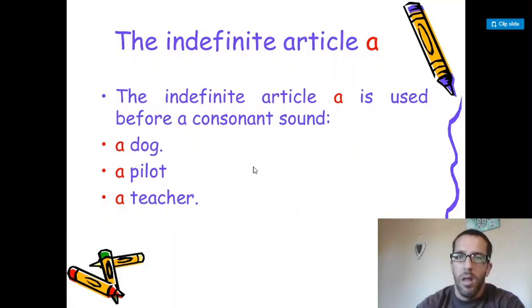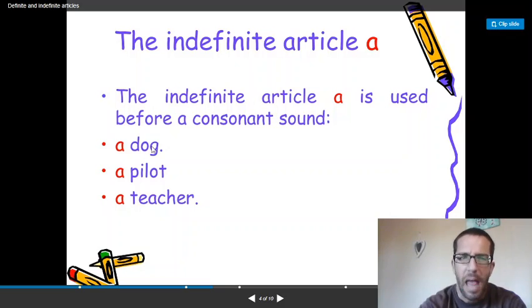Now, when do we use a or an? In other words, when do we use that indefinite article a or an? This is where it gets really, really simple. The indefinite article a is used before a consonant sound. If we talk about a noun that starts with a consonant sound, for example, dog starts with a D, D is a consonant.